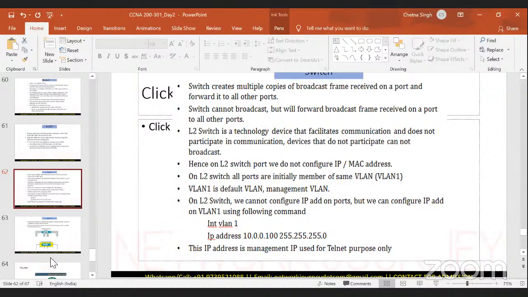If there are 24 ports in my switch, and a frame arrives on port number 1, and I have a MAC table entry that this particular destination is sitting on my port number 5, then the switch will take a smart or intelligent decision to forward only to that relevant port number 5. It will not just broadcast to all the 24 ports just because it has received one frame. That is how it is meant to be intelligent.